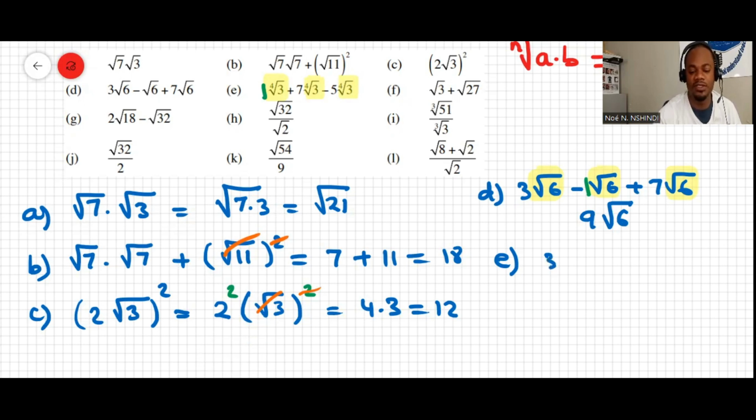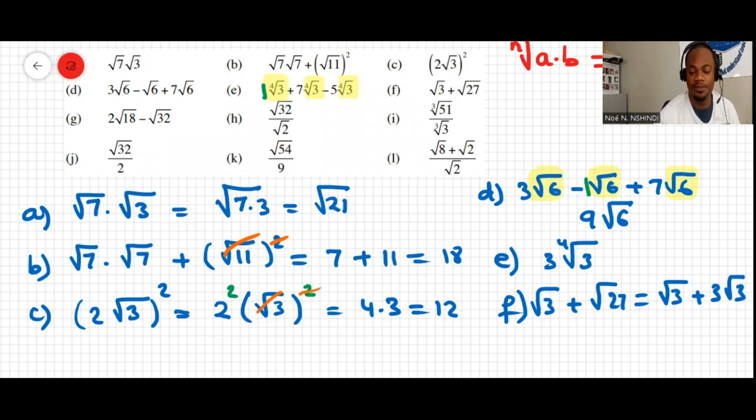So the answer here is just 3 times the fourth root of 3. And then F, root of 3 plus root of 27. This is equal to 4 roots of 3. Okay, you can do it.